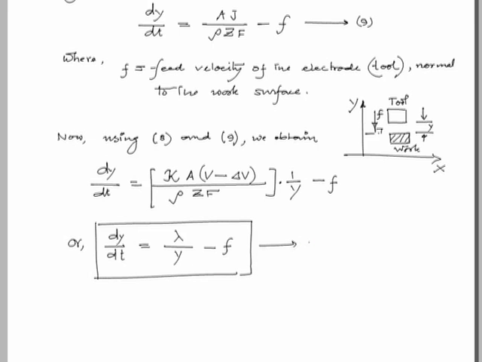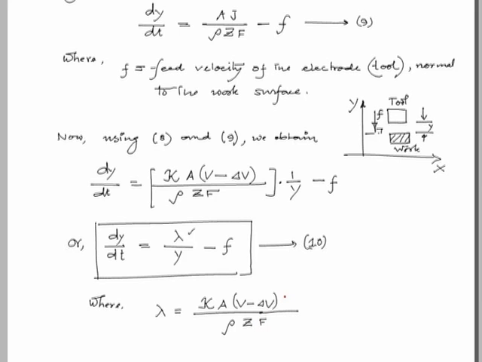Say, let us say this is equation 10, where we have brought in one new term, that is sigma, and sigma is expressed as kappa times A into V minus del V divided by rho Z and F.